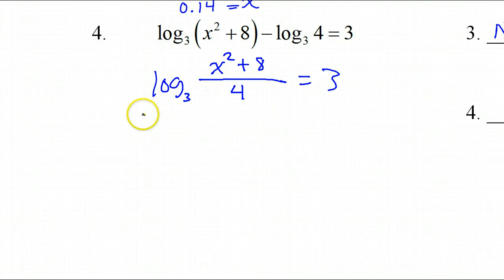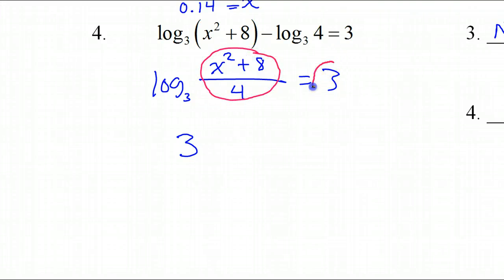Now it's time to rewrite this in exponent form. Starting with the base, bring that down, so the base is 3. Now the rest of this is going to have to change sides. So all of this and the 3 are going to trade places, sort of.